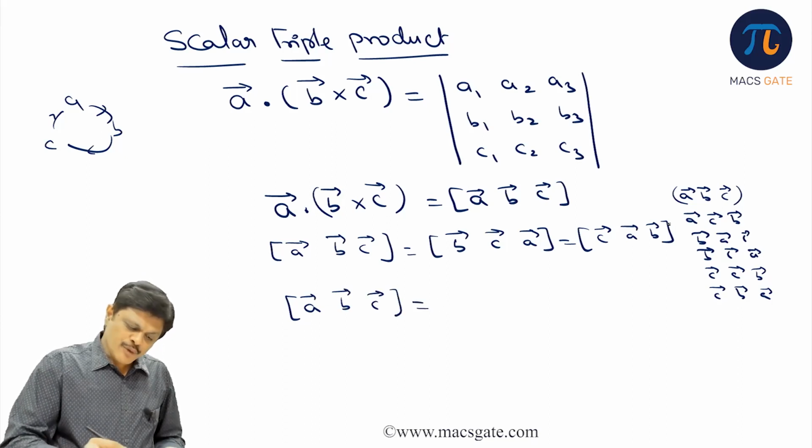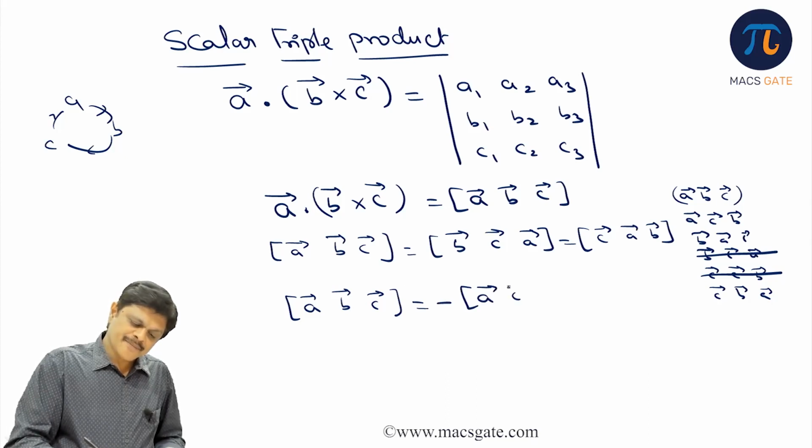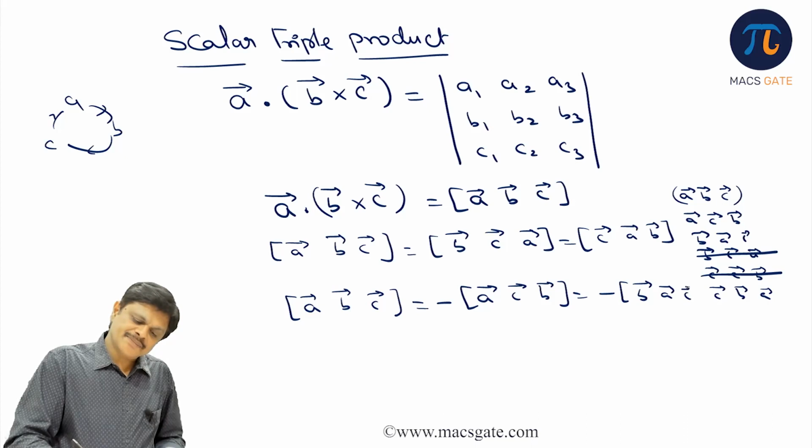But for the other orders, the answer would be negative. ABC means BCA and CAB are taken care of. The remaining ones will have minus of this answer, that is minus ACB, minus BAC, minus CBA.